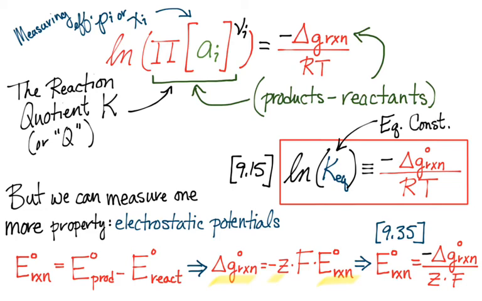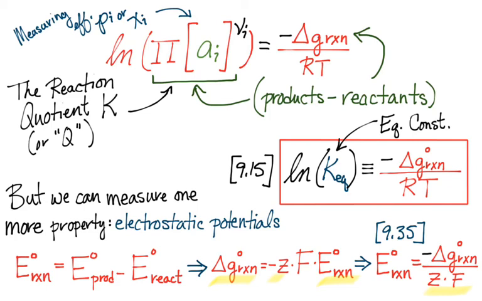So you'll see in equation 9.35 from Koretsky that basic relationship between a positive standard potential of reaction and a negative valued Gibbs free energy of reaction. What you should really see as significant in the denominator is the charge Z, and this is a Z of electrons participating in an electrochemical reaction times Faraday's constant.